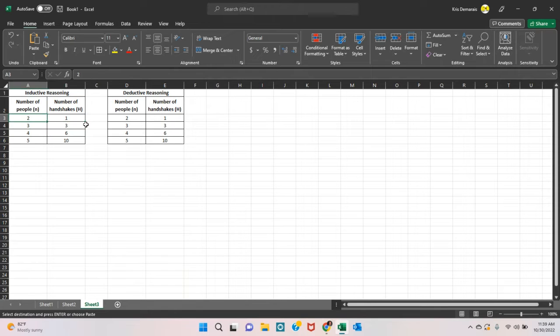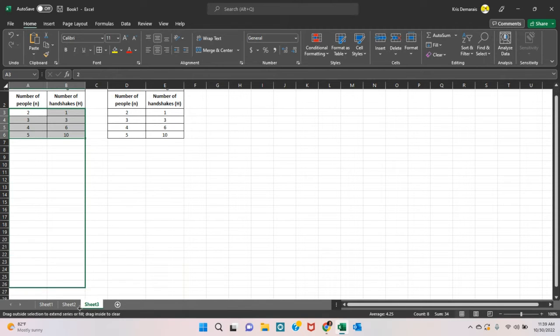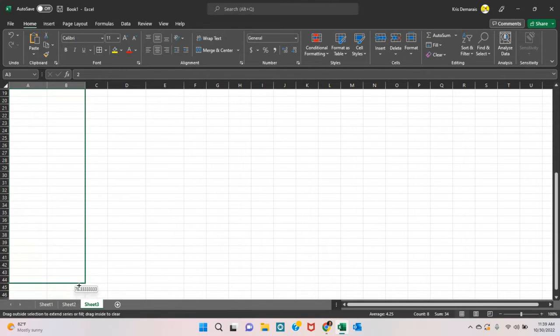You see that 2 plus 1 equals 3. 3 plus 3 equals 6. 4 plus 6 equals 10. And if we continue this for 30 people, right? Just go ahead and continue that down for 30 people.